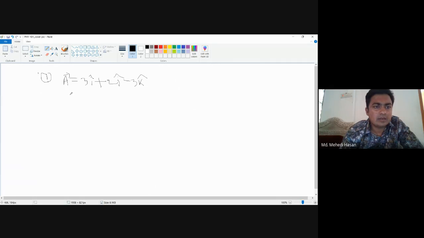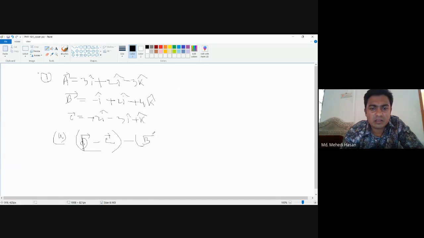Another vector B is given like that, B equals minus i plus 2j plus 4k, and vector C is given like that, C equals 2i minus 3j plus k. Now the first question is: find out the fourth vector D such that D minus C minus B plus A equals 0. So you have to find out the fourth vector D.